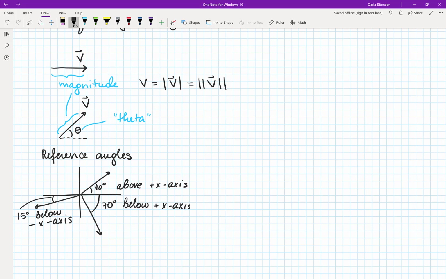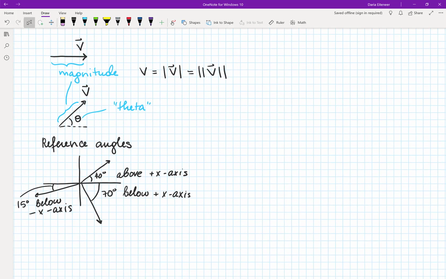And this is how I typically write it. Positive x-axis, negative x-axis, above, below, and so on. Sometimes people use north, south, east, west. You can if you'd like. That's not what I'm going to do. And I don't particularly like doing that in problem solving because it doesn't always fit into the description of the problem.